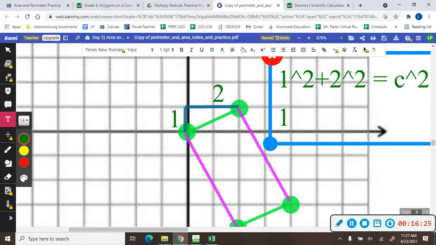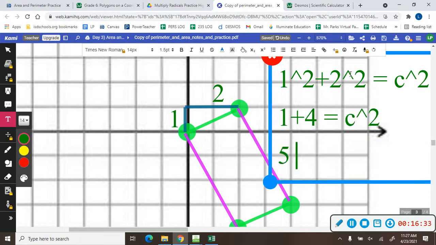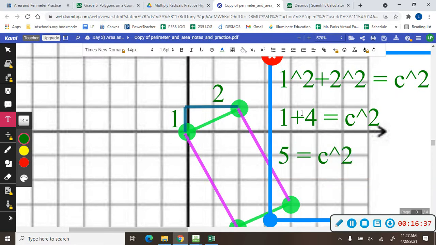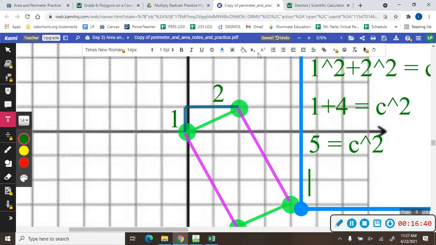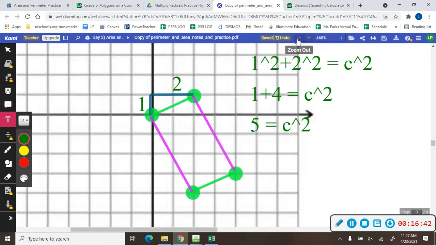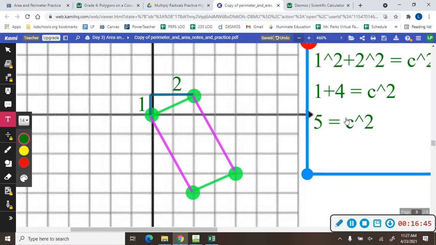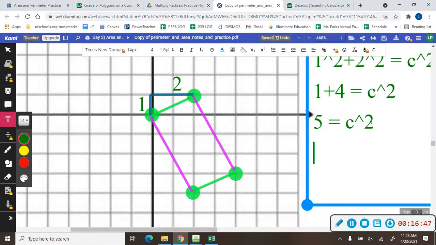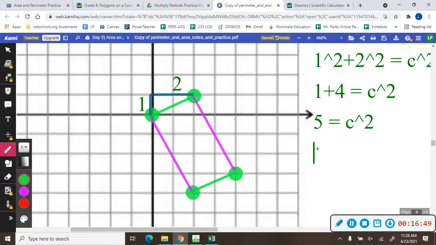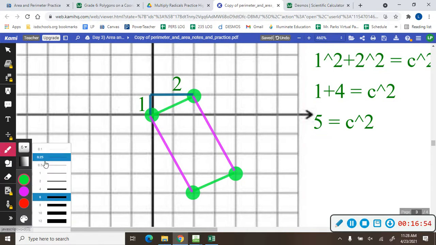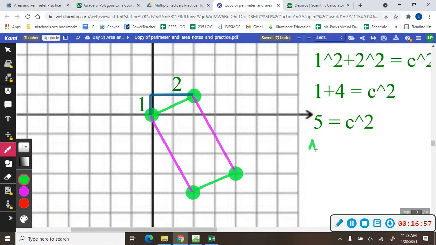1 squared is 1, 2 squared is 4, 1 plus 4 is 5, and so I'm going to have to take the square root of 5 to get c.